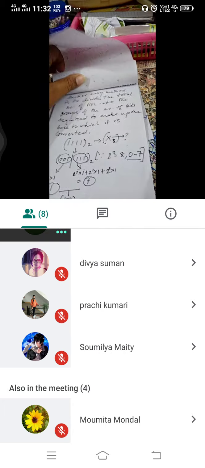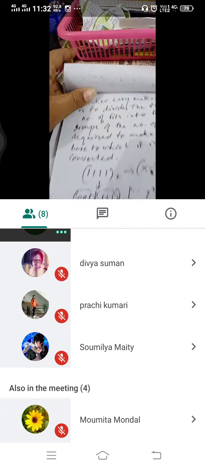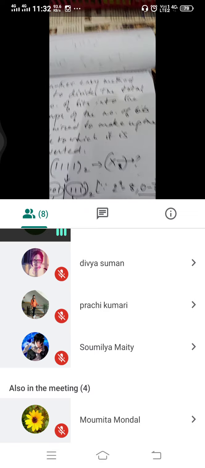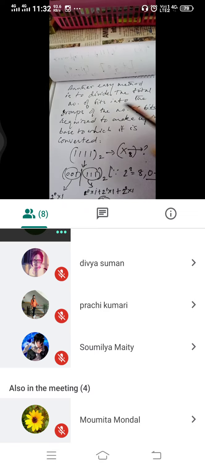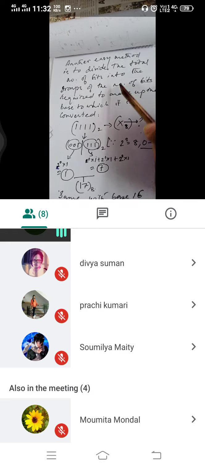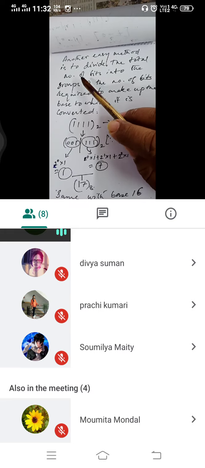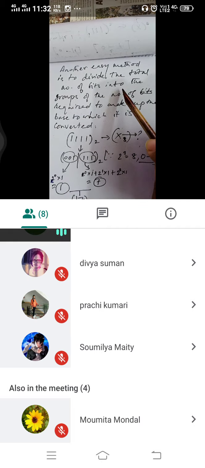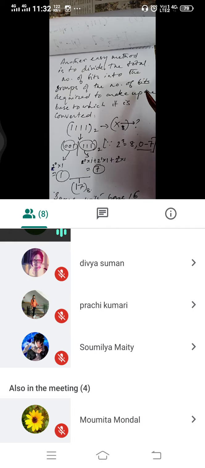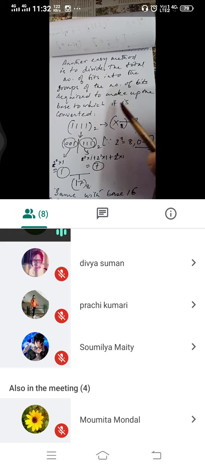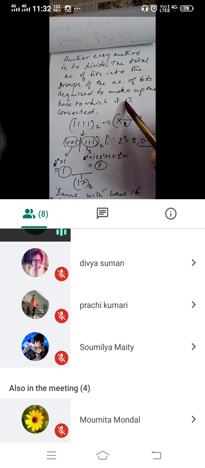Now again, another easy method, although a longer method, is to divide the total number of bits into groups of the number of bits required to make up the base to which it is converted.